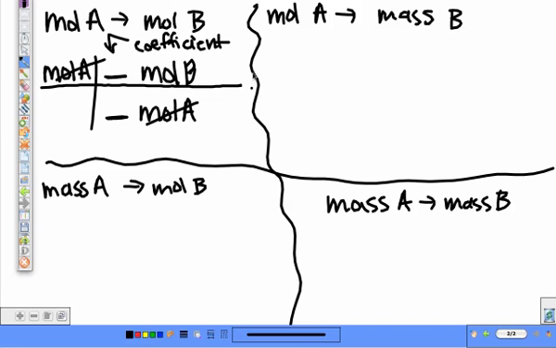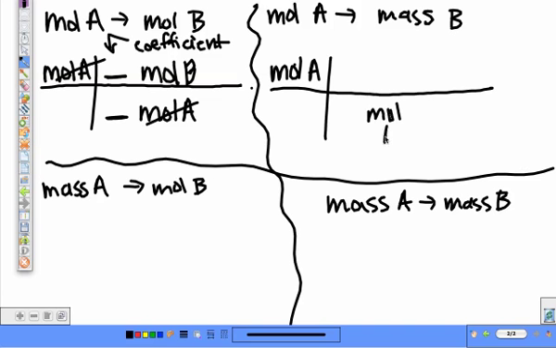Okay, we go from moles of A to mass of B. If we start with moles of A, what units have to go on the bottom? Mole of A, that way they cancel out. And when we're in moles, we can convert from one to another, so we'll do moles of B on top. And where did those two numbers come from? I'm going to just put CE, or coefficients, now. But are we done?